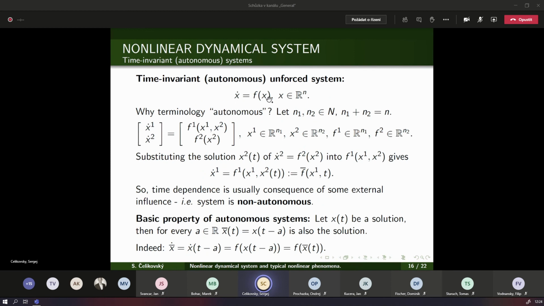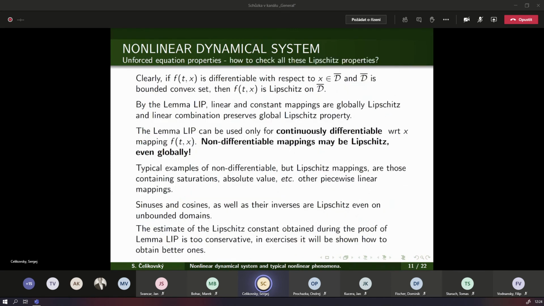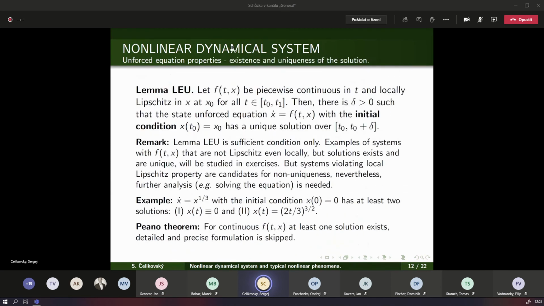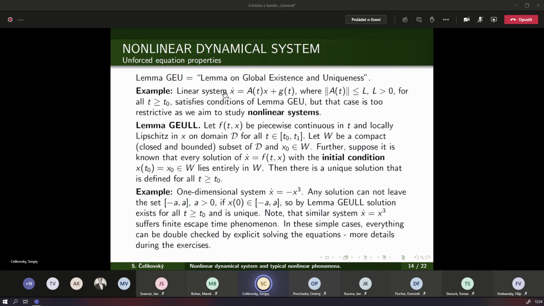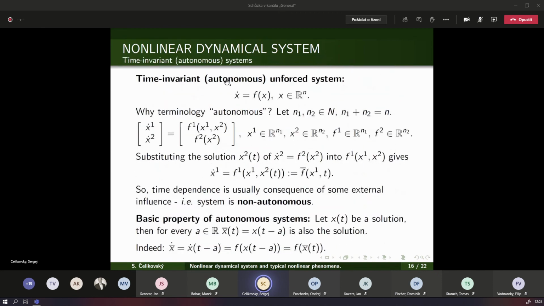So remember, up to now we were looking at some dependence on time, but these systems may have even better properties.